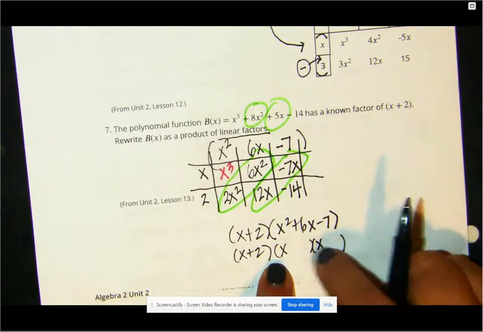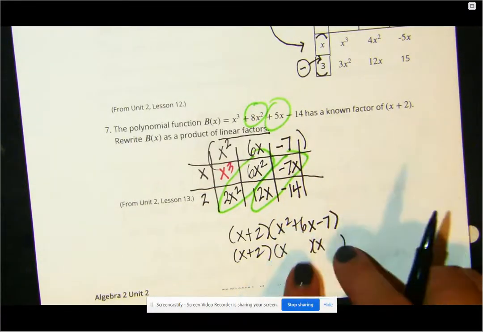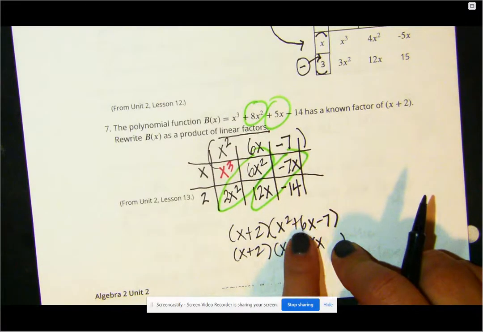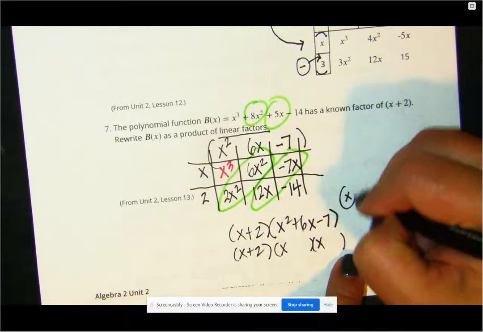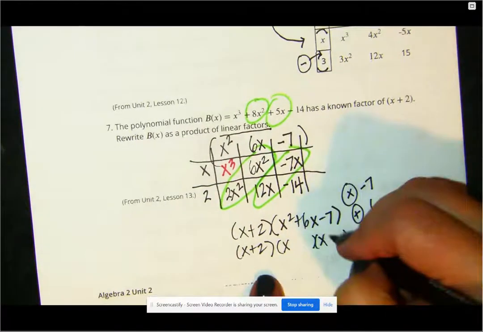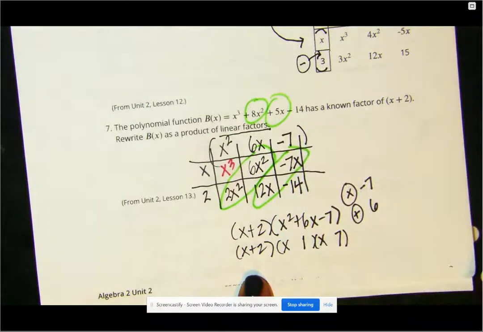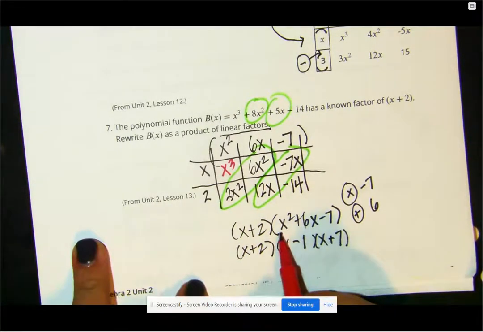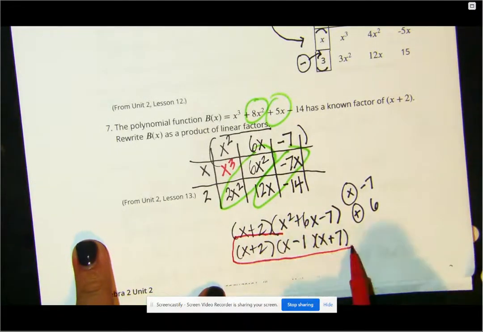That's the only way to make x squared. And now what two numbers multiply to negative 7 but add to 6? Well, 7 and 1 are the only numbers that multiply to 7. I need them to make a positive 6, so that's plus, that's minus. Now I have three linear factors.